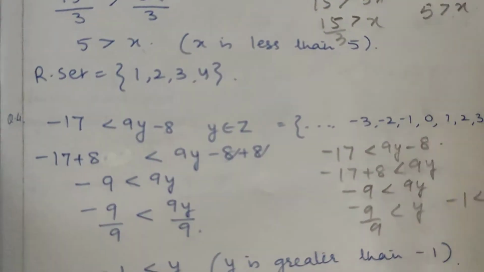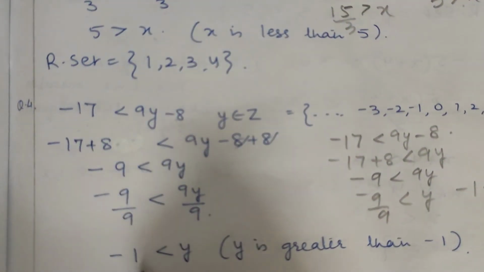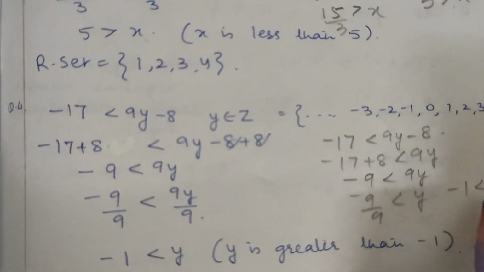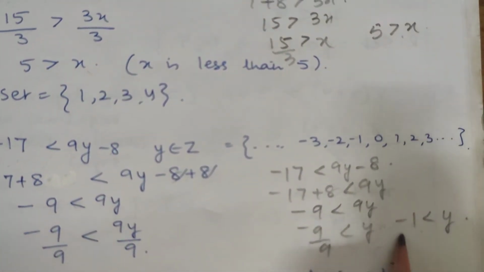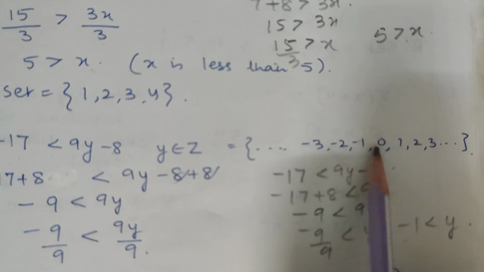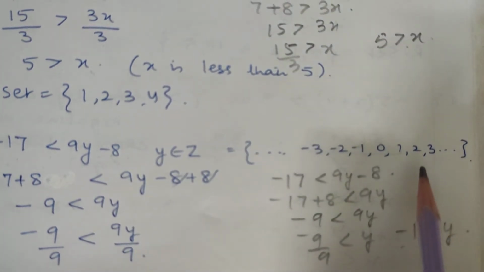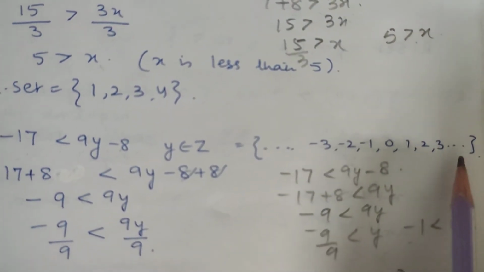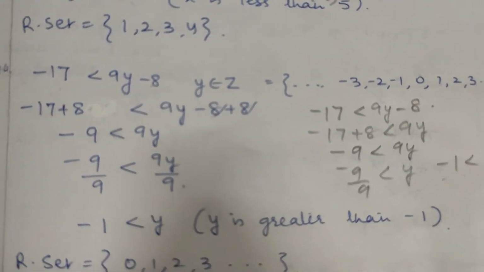I have done the longer method. This is y is greater than minus 1. So from integers, what values are greater than minus 1? 0, 1, 2, 3 up to so on. This is the solution.